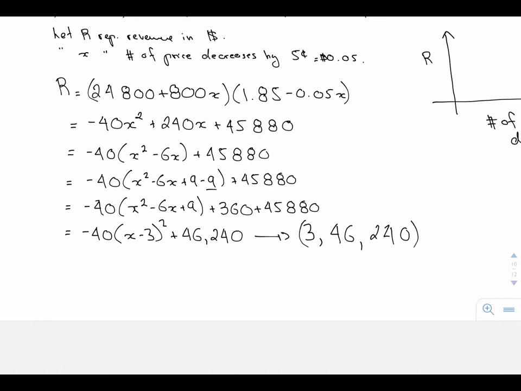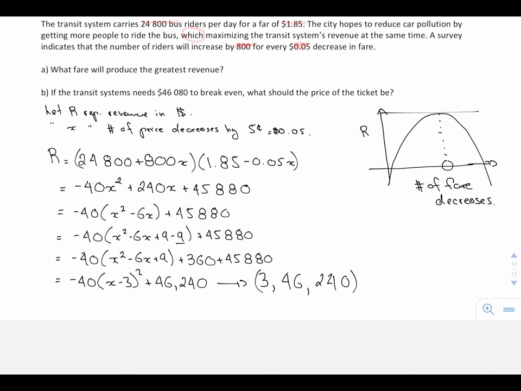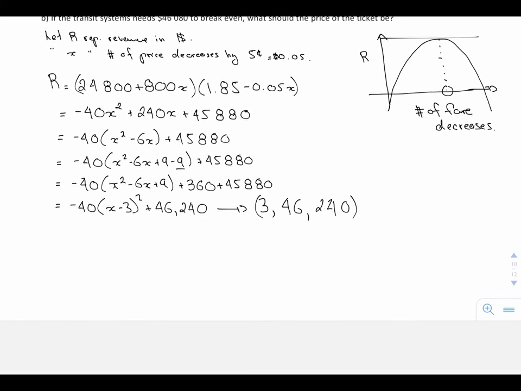The maximum is 46,240. If I look at that on my graph, it is somewhere around here. Again, very rough sketch. Here's my 3 value, and here is my revenue. To answer the question, what fare will produce the greatest revenue? I'm decreasing the fare 3 times by 5 cents.